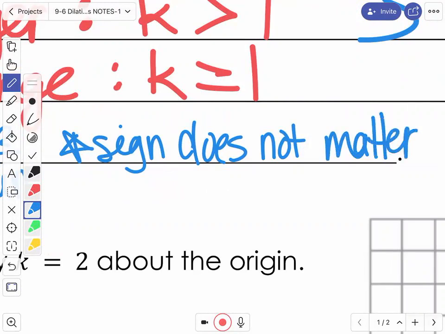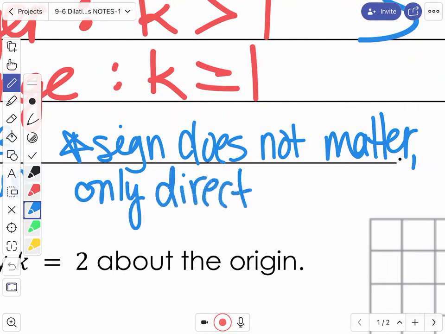The only thing that is going to matter for us for dilations is the direction we need to move. So up, down, left, right, that's what we have to pay attention to, and that's what we're going to be watching for.